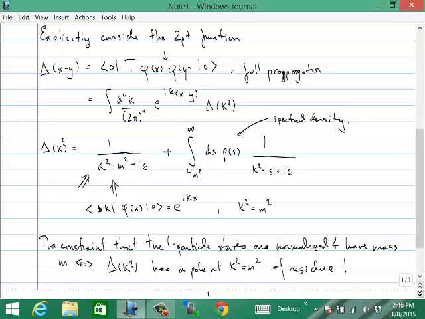So the location of the pole in the propagator is the mass of the one-particle state, and the residue of the pole is the normalization of the field operator.